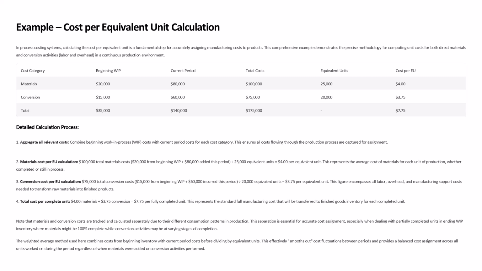These unit costs become the multiplication factors for our next step, assigning costs to completed units and ending work in process inventory. To learn accounting, you must do accounting. And this cost per equivalent unit example demonstrates the critical calculations that drive accurate cost assignment in process costing systems.